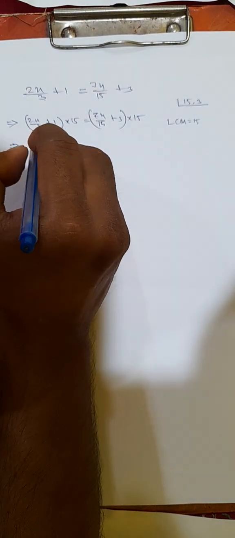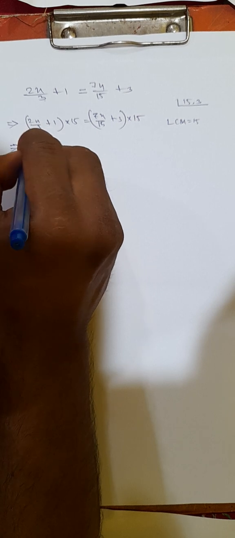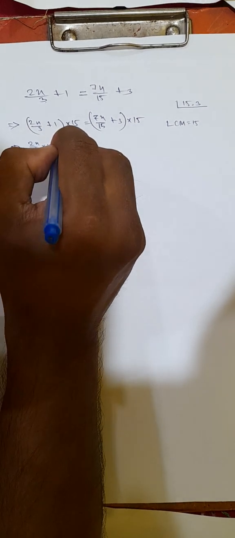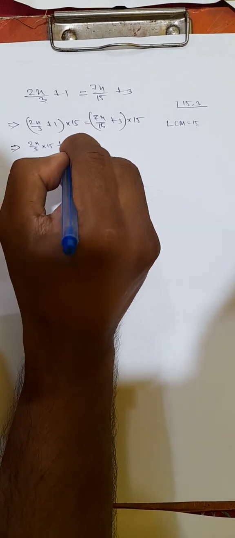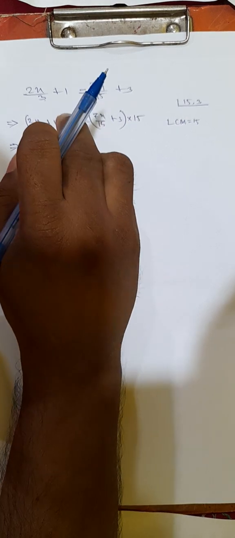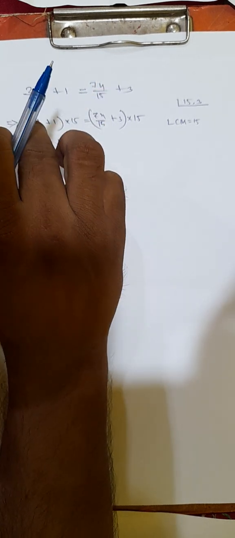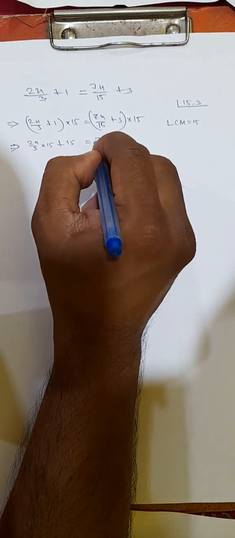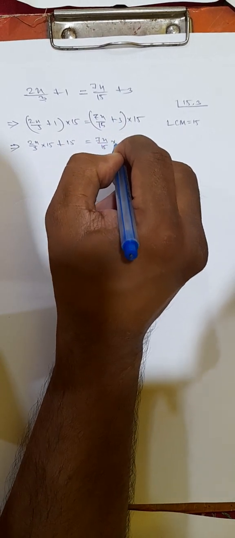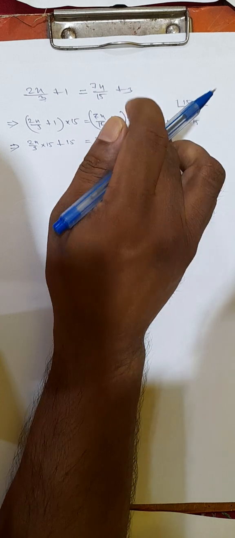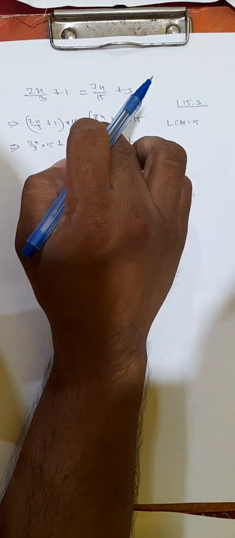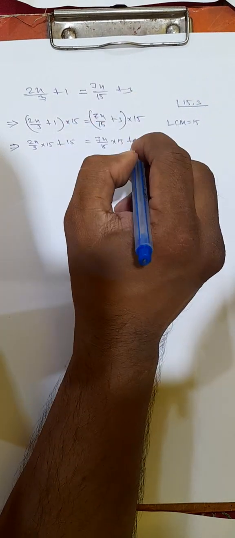So 2x divided by 3 into 15 plus 15 into 1. Here we are applying the distributive property, 15 into (b plus c) is a into b plus a into c. Same thing here, 7x by 15 multiplied by 15, and 15 multiplied by 3.